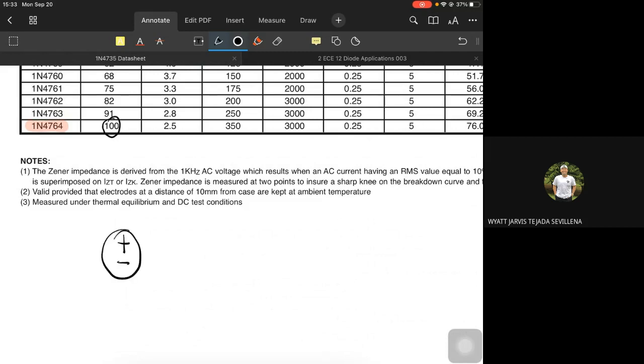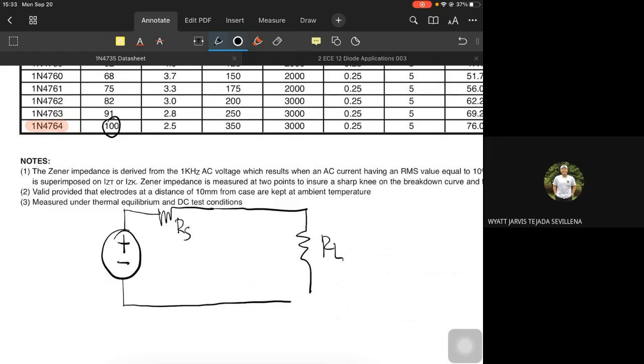So if we have a voltage source, this is our source resistor, and this is our load, and we want to apply a constant voltage to the load. Remember that the higher or the lower the value of resistor RL, the higher or lower the voltage drop across the load.